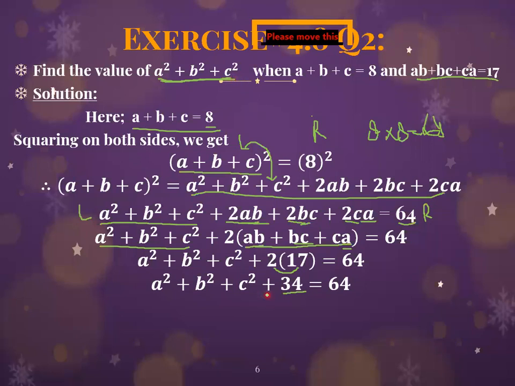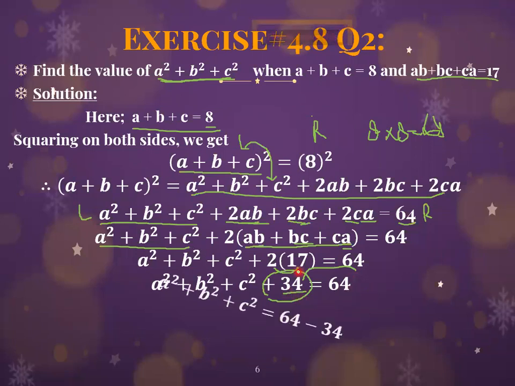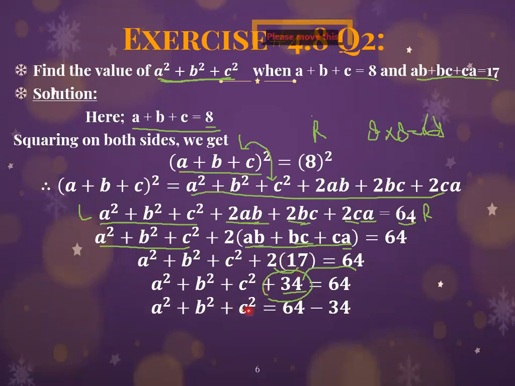So obviously what you will do, you will shift this plus 34 towards the right side. When you shift it towards the right side, it will be minus 34. So in the next step, you will write a square plus b square plus c square is equal to 64 minus 34.